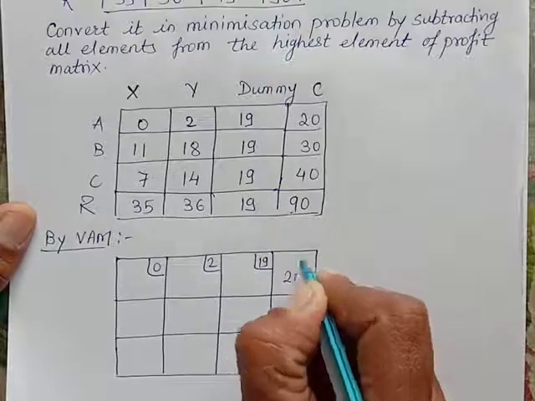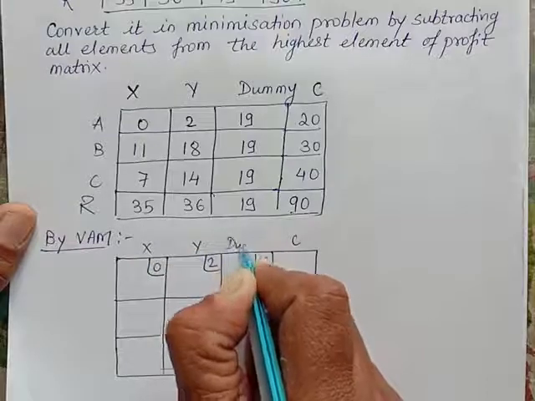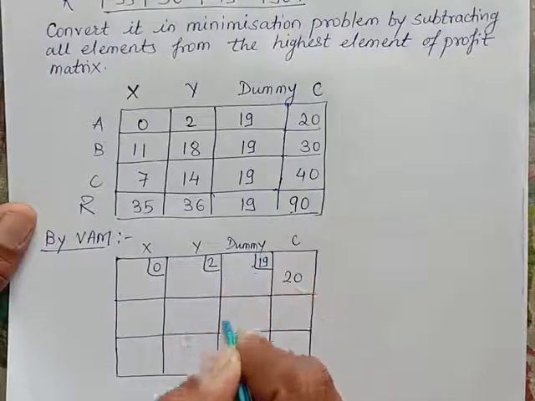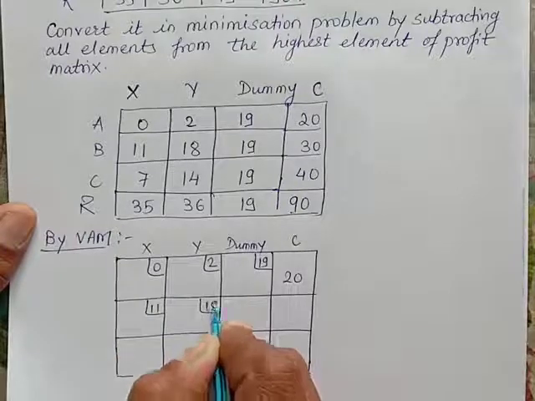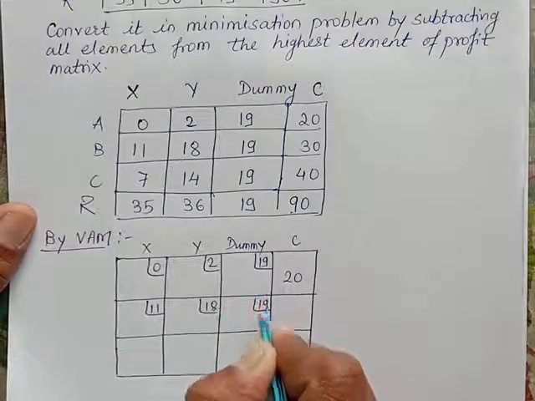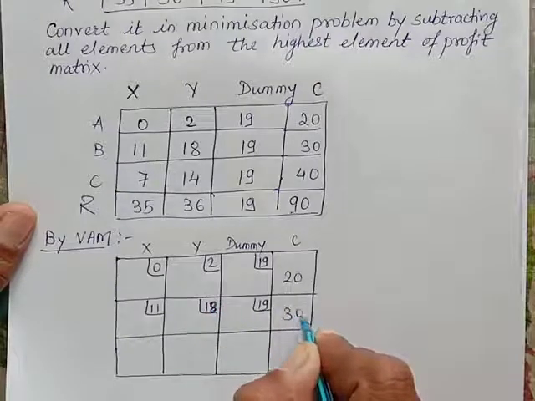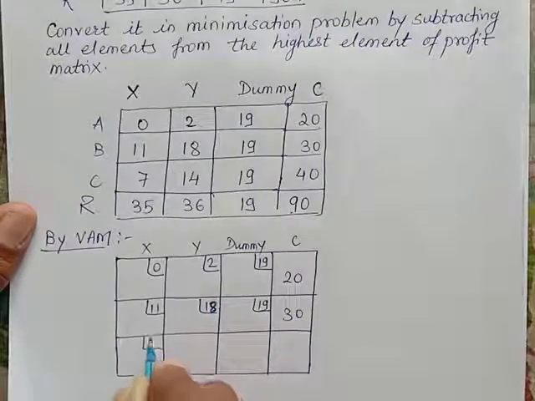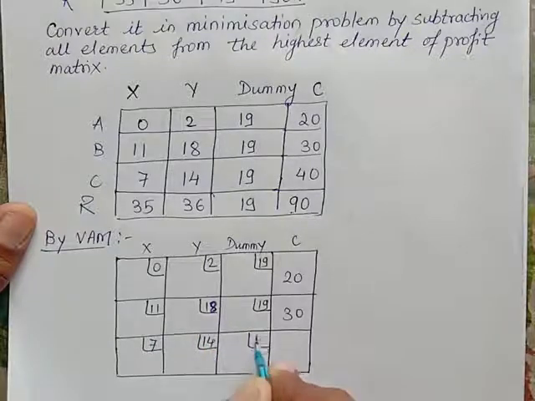Here the supply is 20. Here 11, 18, 19. This is 30. This is 7, 14 and 19.